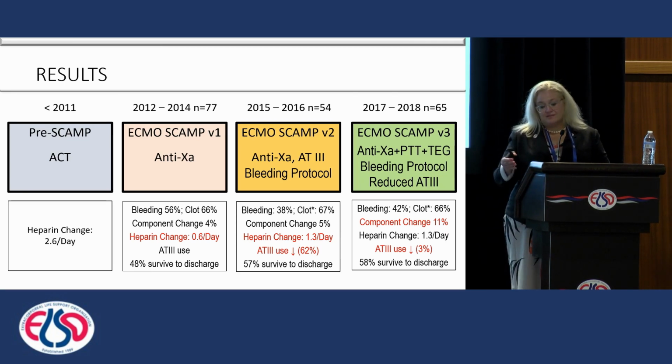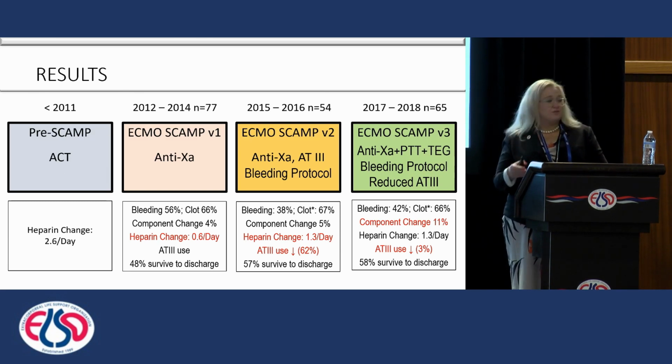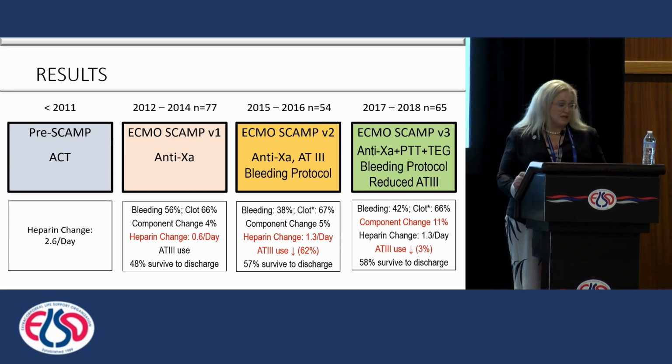So at the end of the data collection, before we introduced SCAMPs, we knew how often we changed heparin for each patient. At the end of the first SCAMP, we had a baseline for trying to stop changing heparin all the time, and how much antithrombin we used, and we'd collected enough information to know how many patients died.